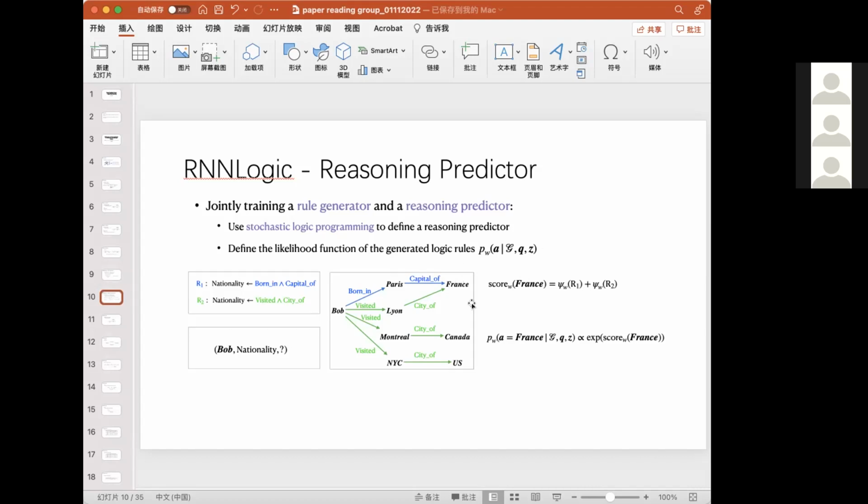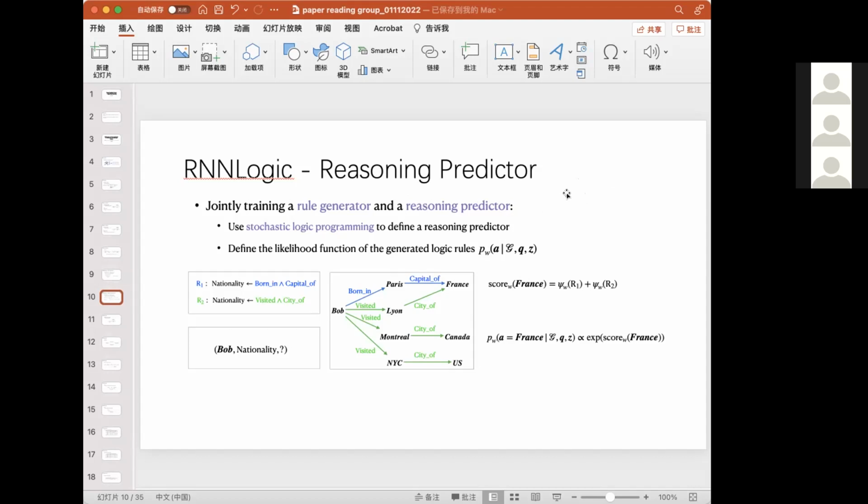Actually for this reasoning predictor, the idea is that it will take a set of logical rules as the input, and then it will try to learn a confidence score A for each of these logical rules. And this confidence score A is trying to measure the plausibility of the rules.